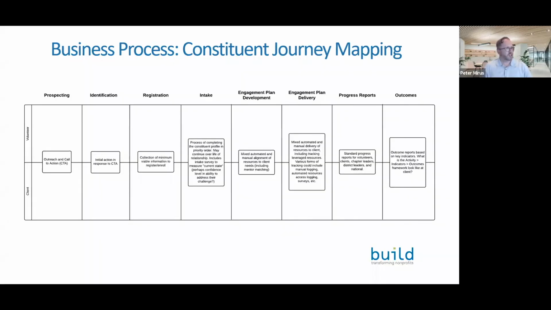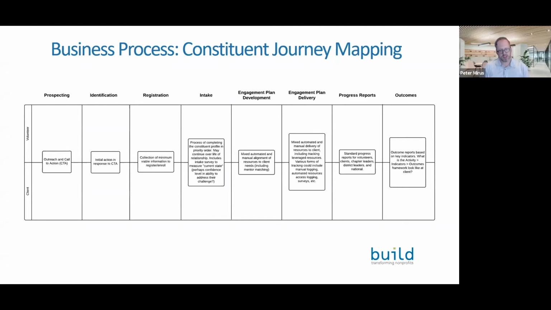I had mentioned constituent journey mapping previously. That's a good lens through which to look at documenting business requirements. This is a human services focused constituent journey process, just as an example of what that might look like.